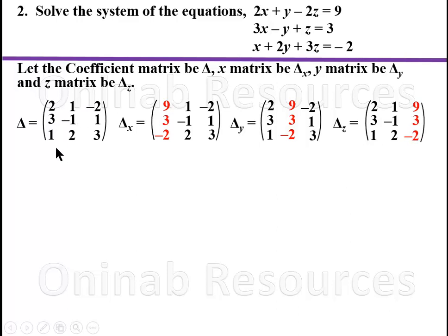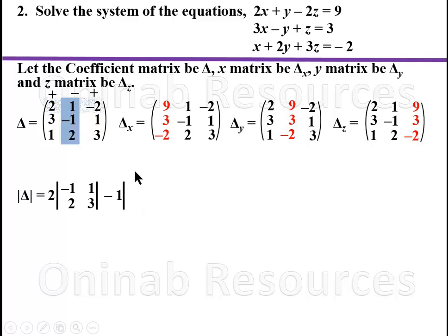We now calculate the determinant. So determinant of the first matrix, this is positive, negative, positive. We pick the first element in the first column, which is positive 2. Delete the row, delete the column. We are left with negative 1, 1, 2, 3. Then we go to the second column. That's negative 1.